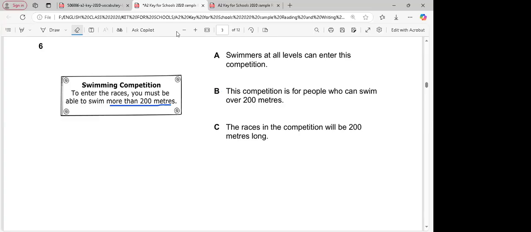To enter the race, you must be able to swim more than 200 meters. Swimmers at all levels can enter this competition. This competition is for people who can swim over 200 meters. The race in the competition will be 200 meters long.